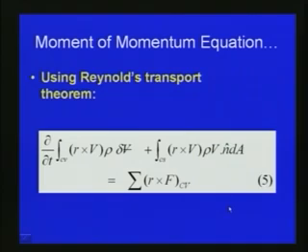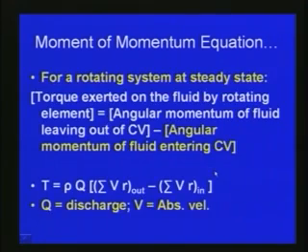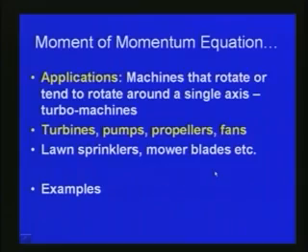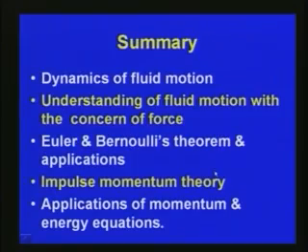Even in the case of unsteady flow, we can consider it using the general equation as given in equation number 5, where unsteady state condition is also considered. So, these are some of the important points on how we get the momentum equation, and where we can apply it in the various cases we have seen.